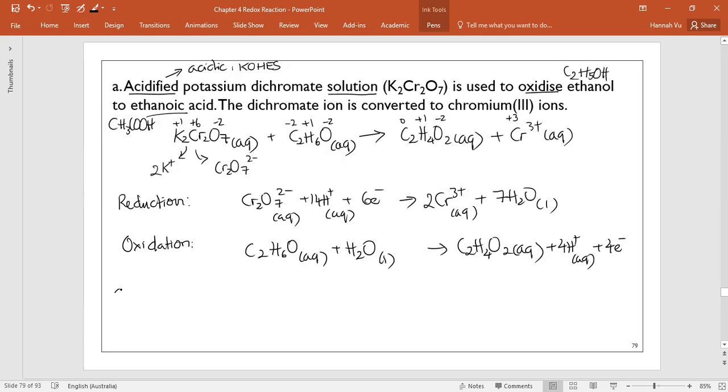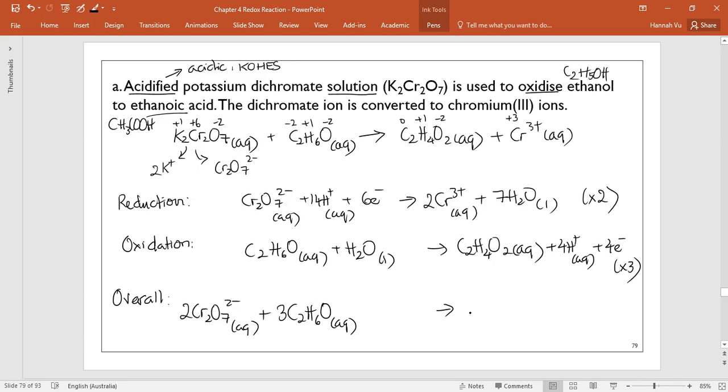Okay, so for the overall, I do need to double the first half equation and triple the second one. So you should end up with 2 Cr2O7 2- aq. There will be some cancelling, so I'm just going to write the species that definitely will not change first. C2H6O aqueous.